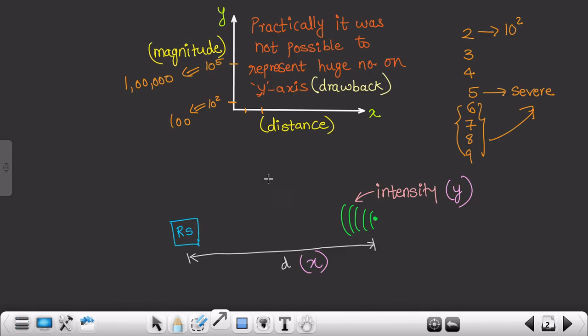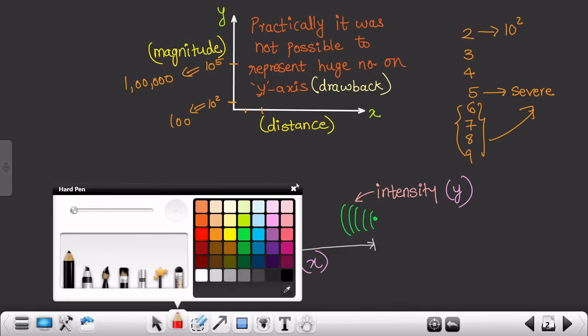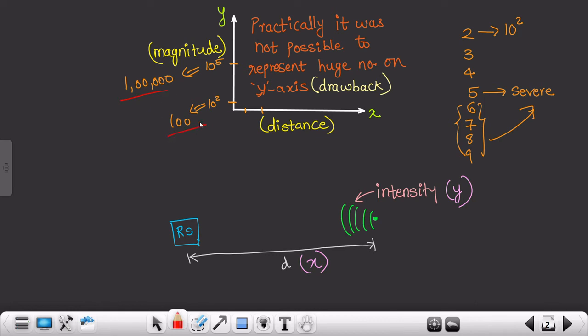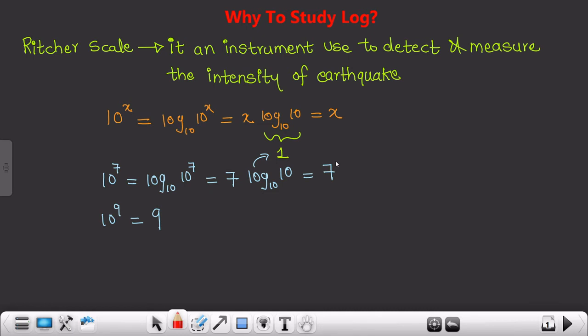Just 2-3 minutes back we were not able to represent such huge numbers, but by converting these huge numbers into smaller ones, 10 raised to 7 into 7, and 10 raised to 9 into 9, these were very huge numbers, I am writing in short form hn, and 9 and 7 are very small numbers as compared to 10 raised to 7 and 10 raised to 9.